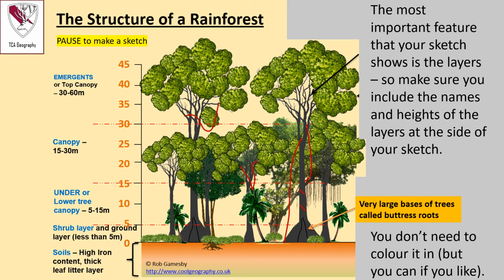Now the emergence are the tallest trees which emerge from the top of the canopy. They've grown even higher towards the sunlight. Everything about this structure is to do with competition for sunlight. So the trees in the canopy and the emergence are receiving lots and lots of sunlight.